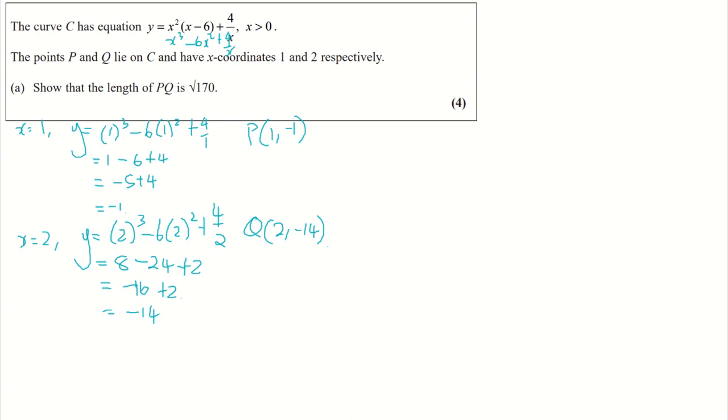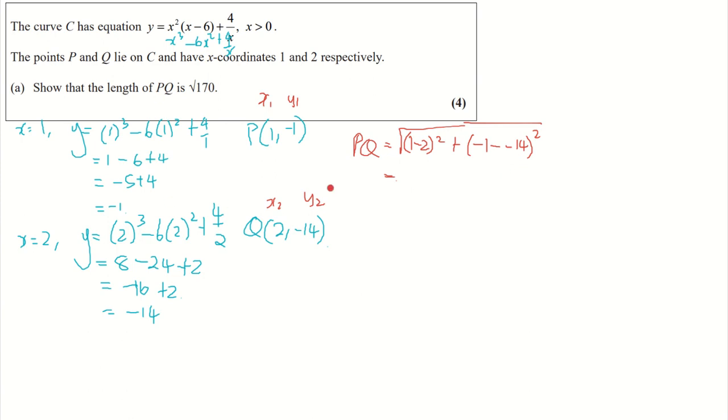So let's label them x1, x2, y1, y2. So PQ would be the square root of (1 minus 2) squared plus (minus 1 minus minus 14) squared.